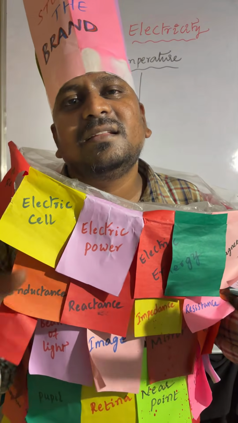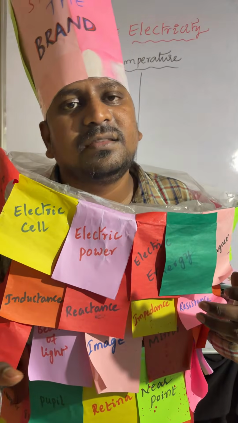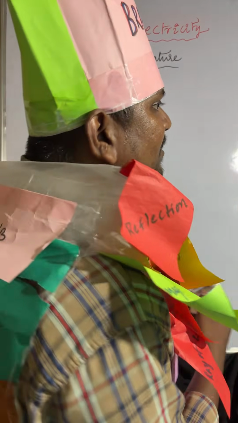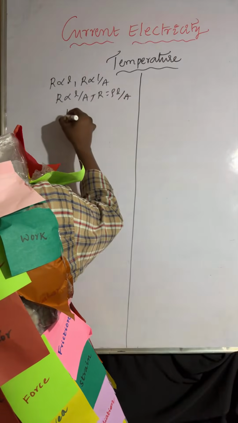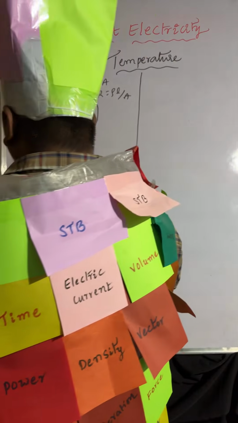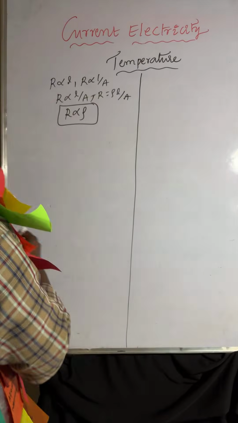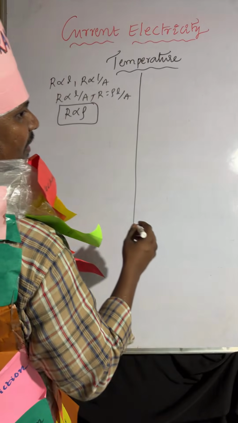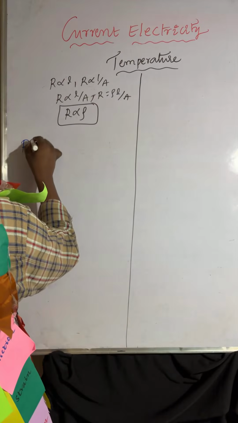But actually these changes are quite small. That's why L by A is constant. R is directly proportional to rho, so R is directly proportional to resistivity.